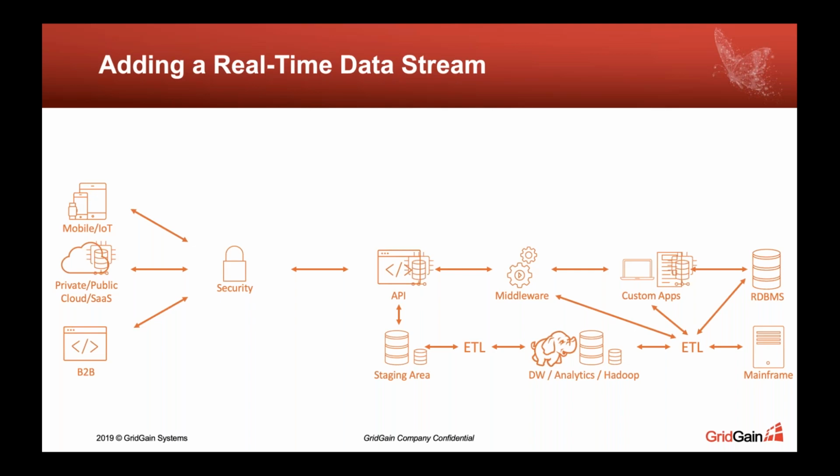So first, you may be adding in-memory computing to add speed and scale to your existing apps, the custom apps on the right, or the APIs in the middle.